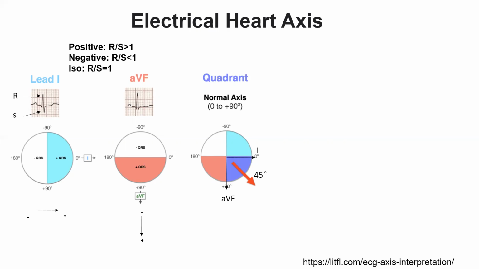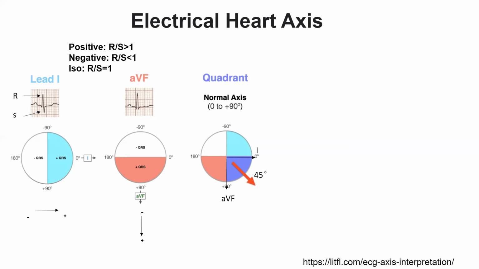We can see that in lead one, in this example, R is definitely bigger than S, and we also know that lead one is the lead from right to left.